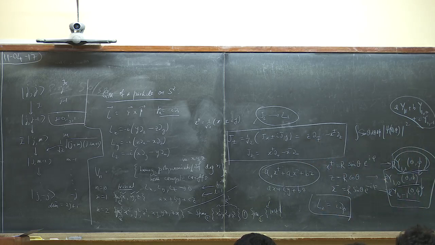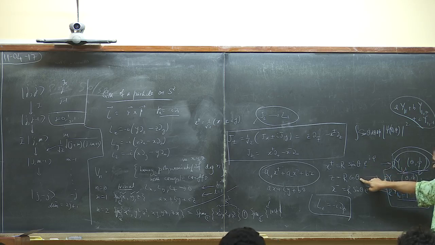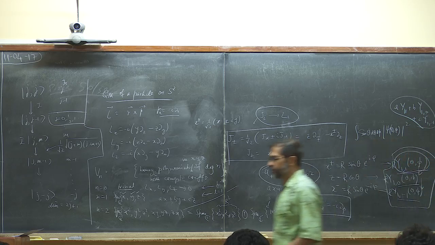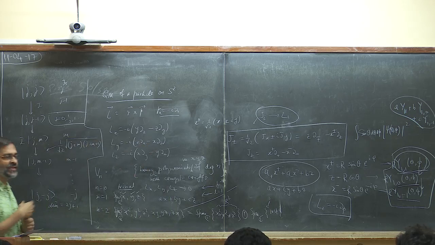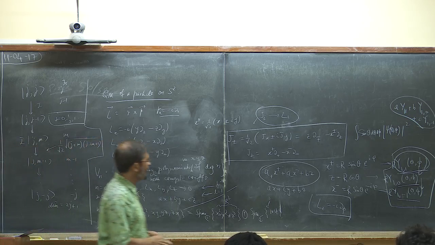You can find them on Wikipedia, and so clearly Lz has the value 1 when you act on that with L plus, because there is an e to the power i phi here. There's no phi here, so that is Lz equal to 0, and this is okay.